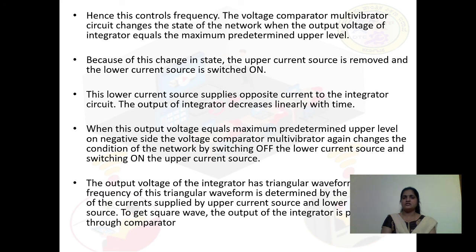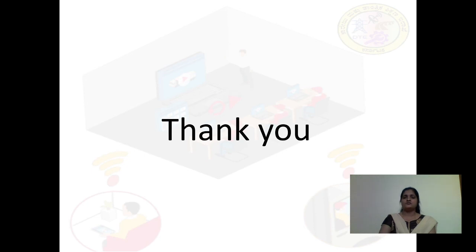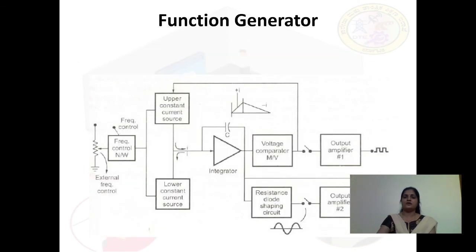As we were discussing, it is a charging and discharging waveform. Then it forms a triangular waveform, and the frequency of this triangular waveform is determined by the magnitudes of the current supplied by the upper constant current source and the lower constant current source. And in order to get a square wave, the output of the integrator is passed through a comparator. As a result of this, we will obtain the square, triangular as well as the sine wave.